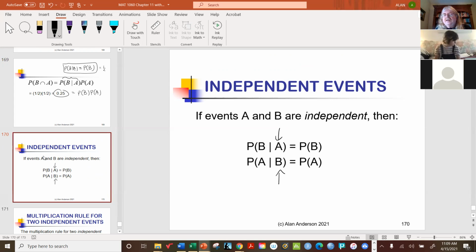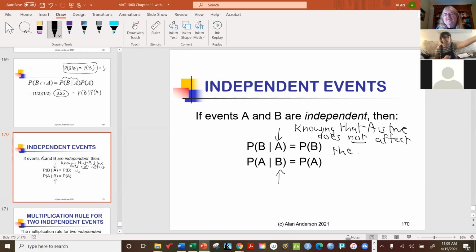In other words, knowing that A is true does not affect the probability of B. And we can say that in the opposite direction as well.